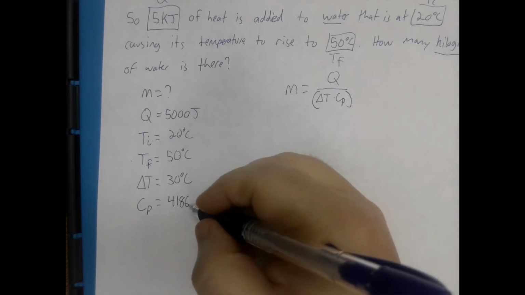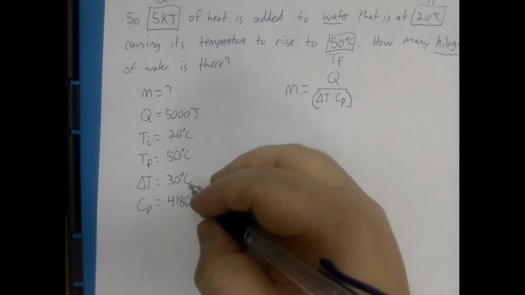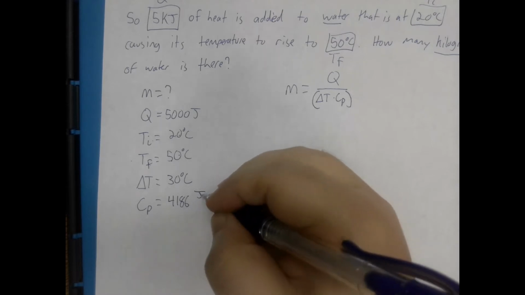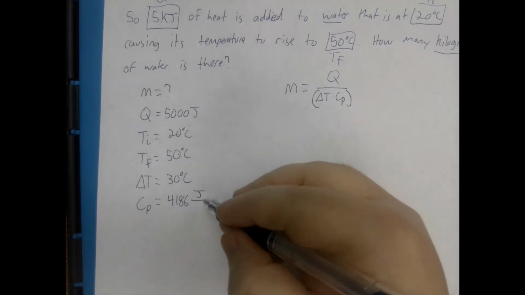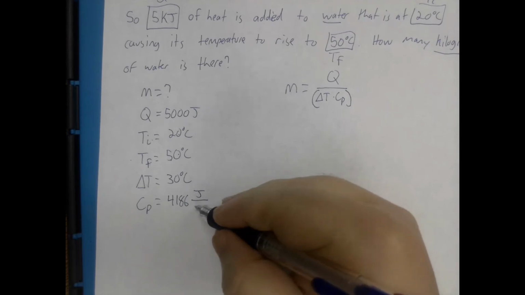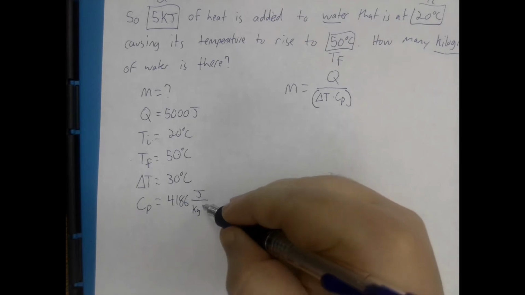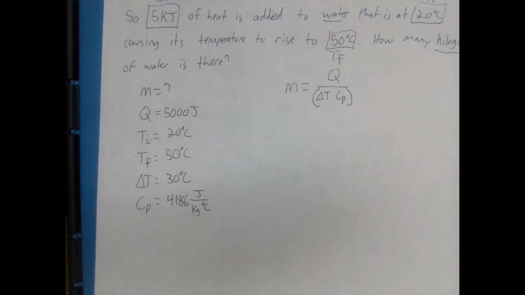Same way you heat up a liquid or a solid. So this is in joules per kilogram, Kelvin, or degrees Celsius. So this room, the air we're breathing in is a gas.